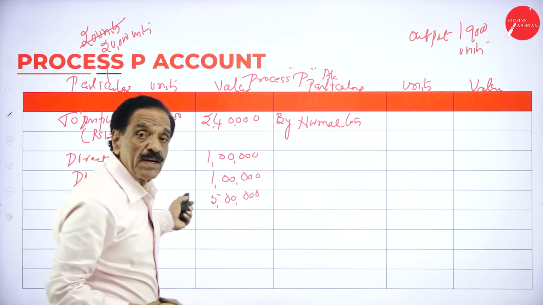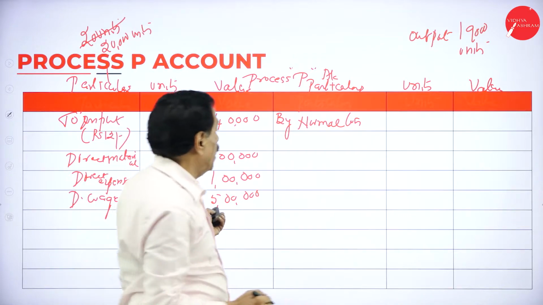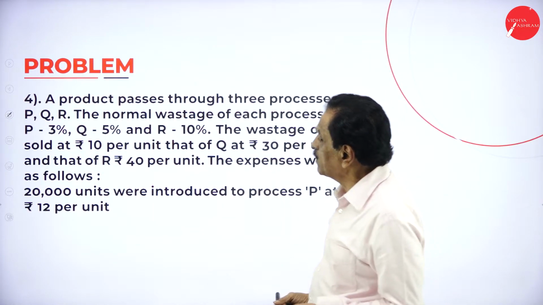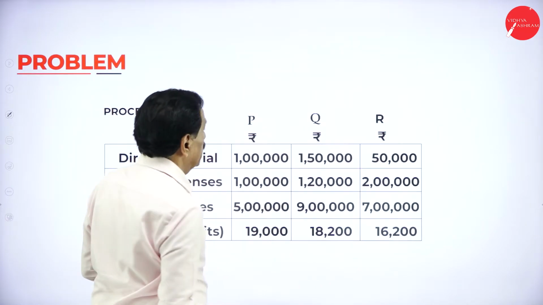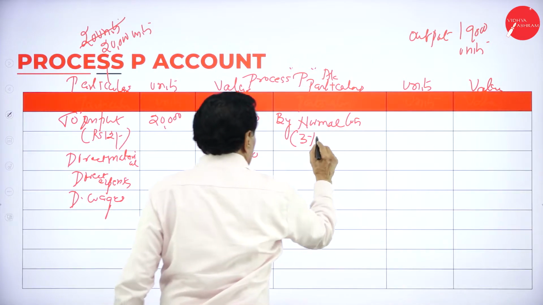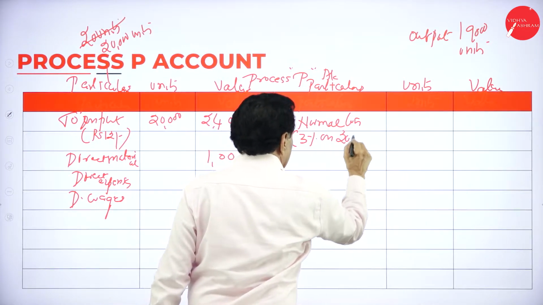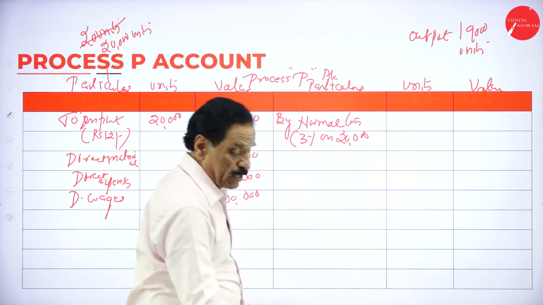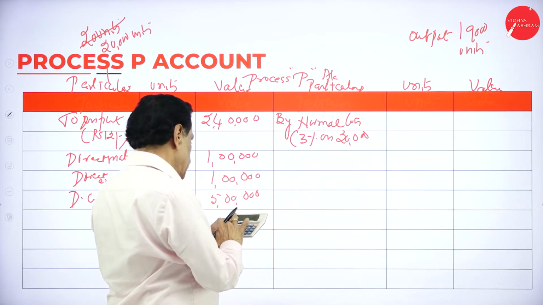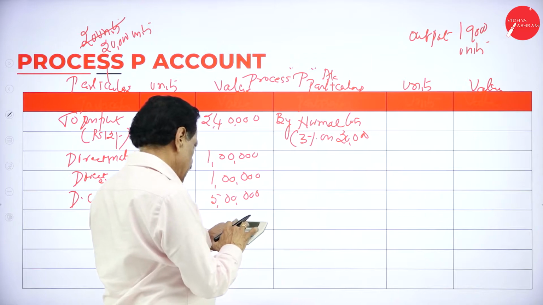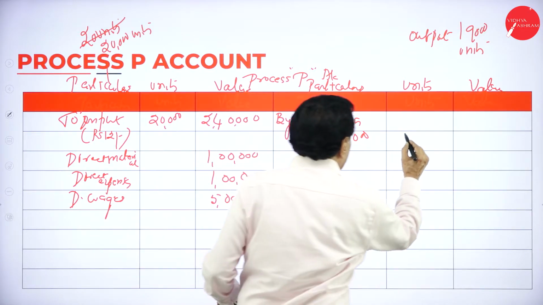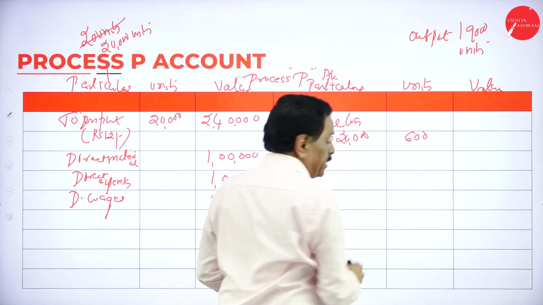So how many units have been introduced? 20,000. What's your normal loss? The normal wastage is 3% on 20,000 units. Check this: 20,000 into 3 divided by 100, 600 units wastage.